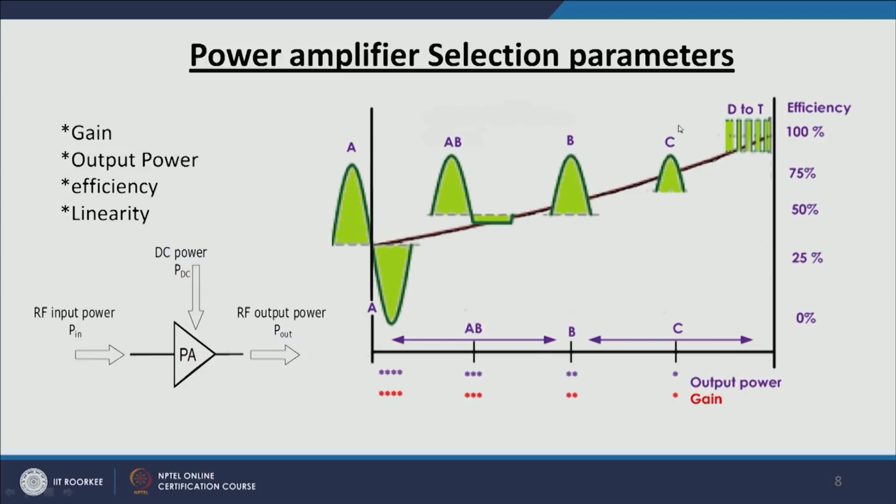The distortion caused by this kind of amplifiers is different, and they require a separate kind of linearization methods. So these two categories are there, and we are mostly focusing on class A and class AB, which are the mostly used power amplifiers in a transmitter.